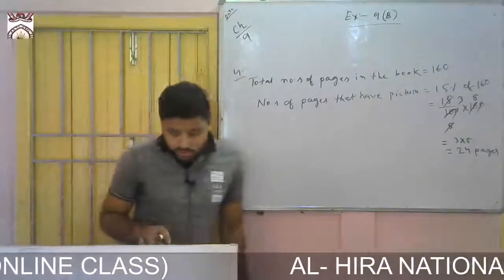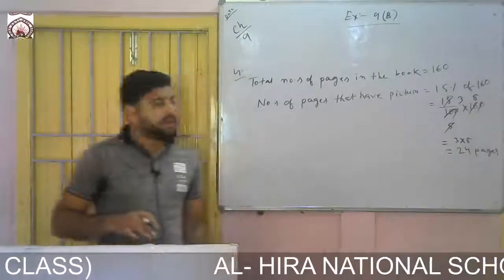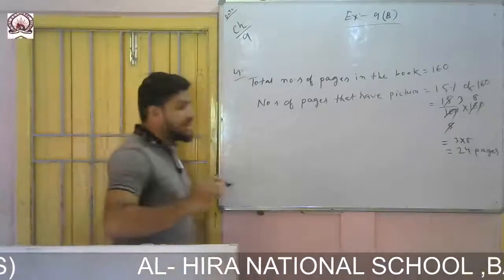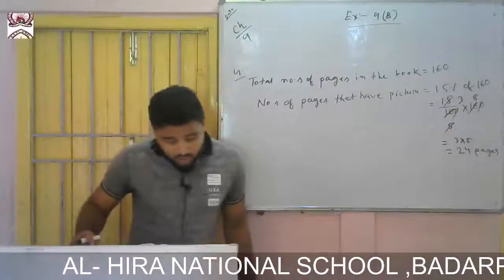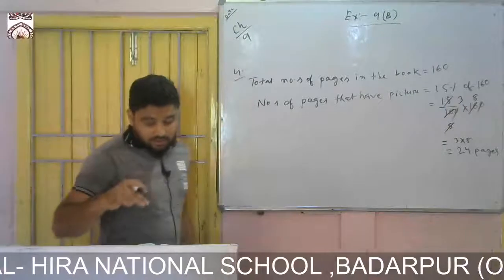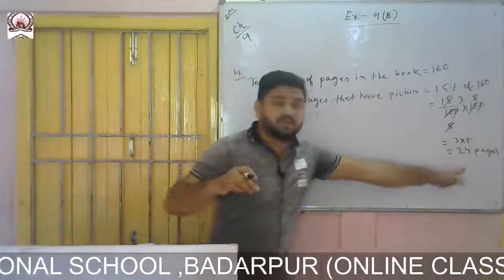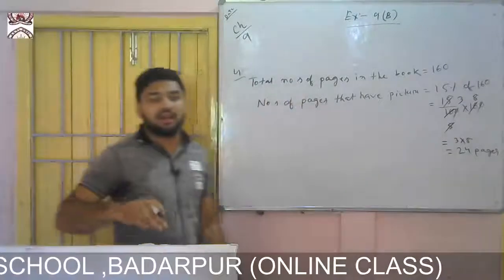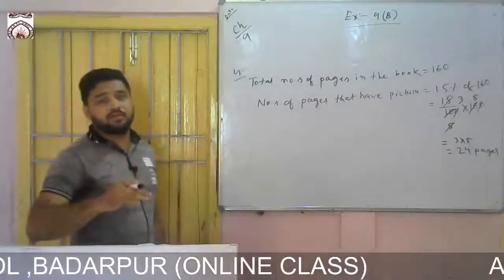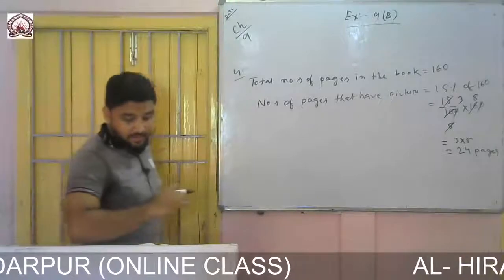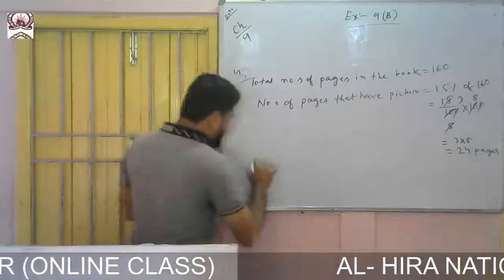Now, how many pages do not have pictures on them? From the total pages, if I subtract 24, then I shall get the number of pages which do not have pictures.